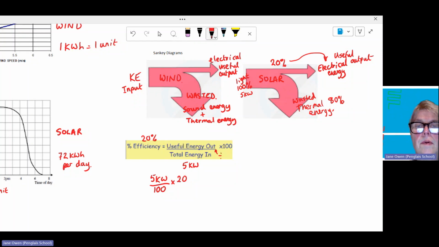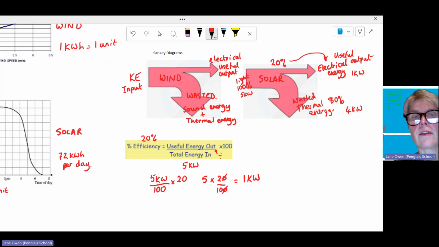Another way of looking at it is just 5 times 20 over 100. So 5 times 20 divided by 100 would be 1 kilowatt. So there'll be 1 kilowatt coming out and 4 kilowatts being wasted, and adding those two up, 1 kilowatt plus 4 kilowatts makes 5 kilowatts.